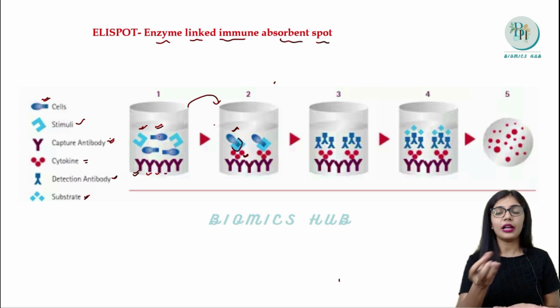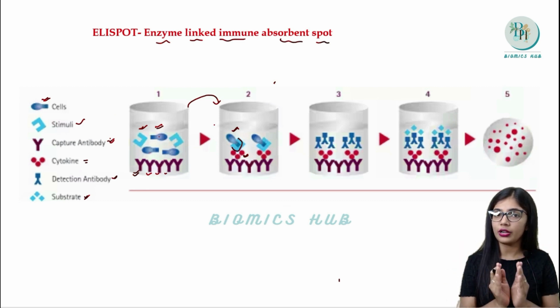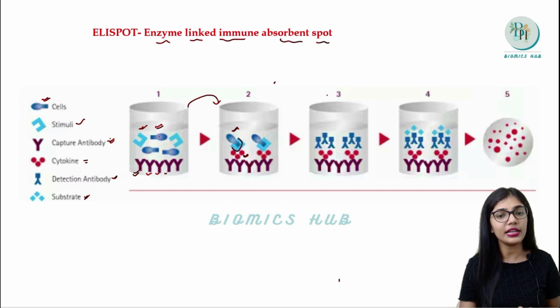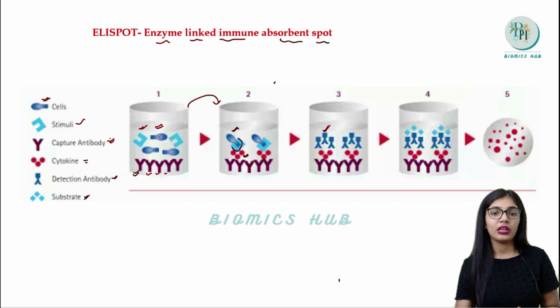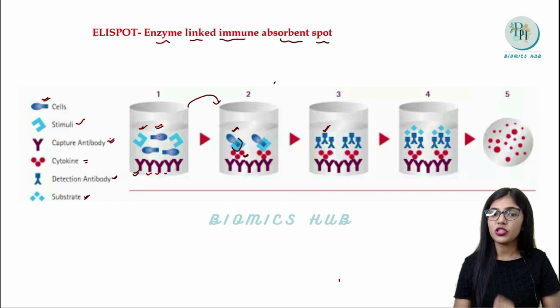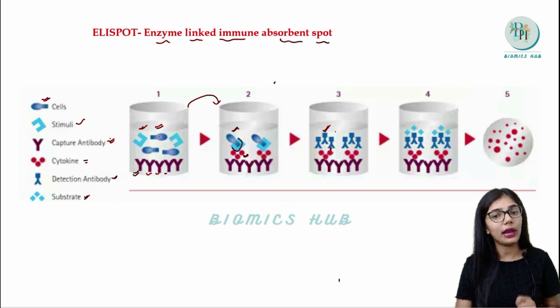Now, there is the production of cytokine and the antibody has already captured it, but how can we detect that? For the detection, we need another antibody, that is a detection antibody. The detection antibody can come and bind to the antigen captured by the capture antibody, at another epitope, in another area of the antigen.